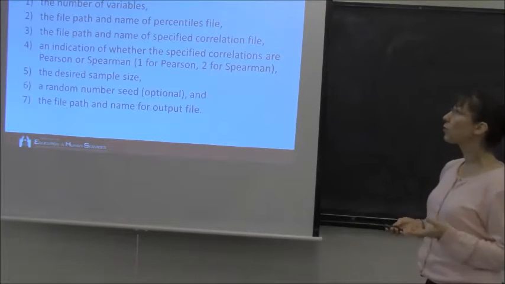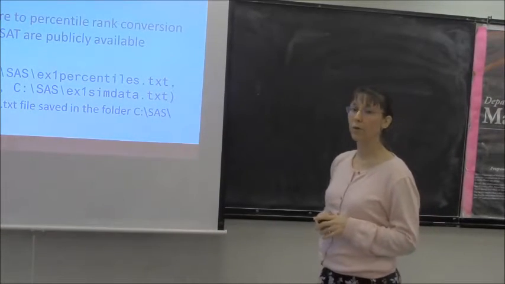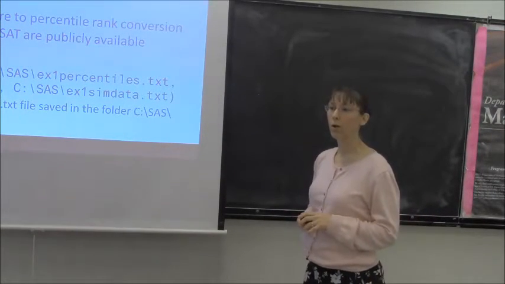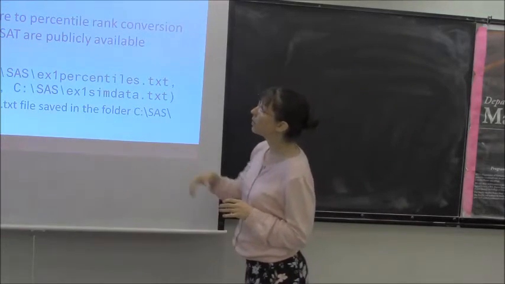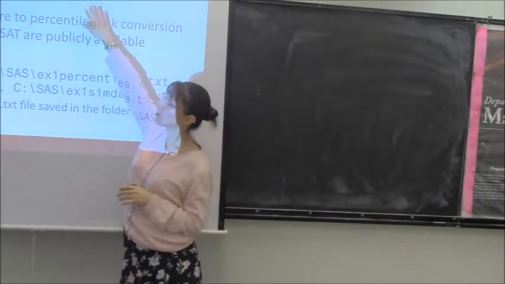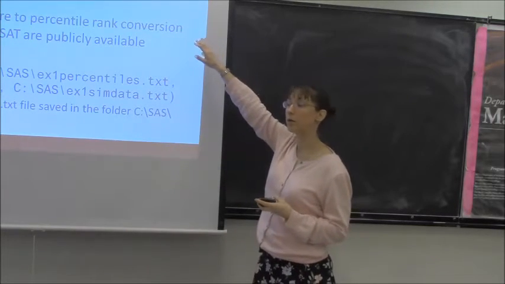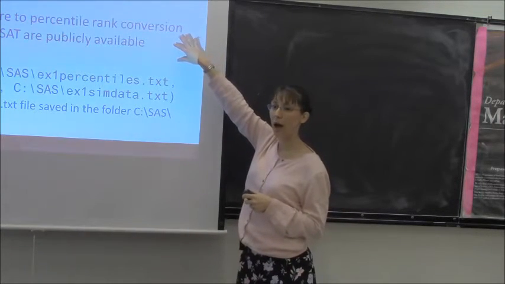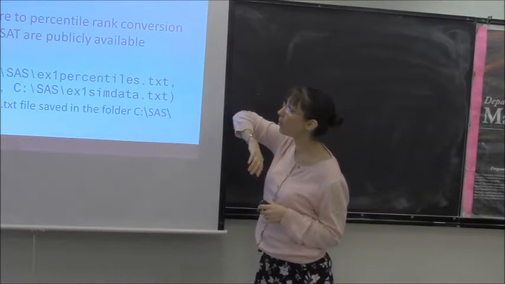All right, so we're going to walk through a couple of examples here. The first example is an education example with the Idaho State Achievement Test. And we want to produce mathematics scale scores for 25 third graders. And we were able to do this because they had their percentile rank conversion tables publicly available.